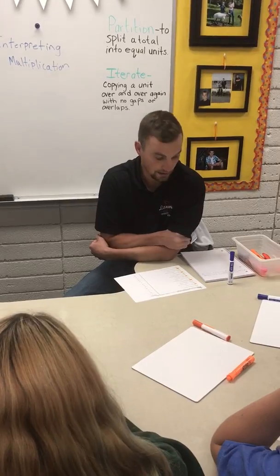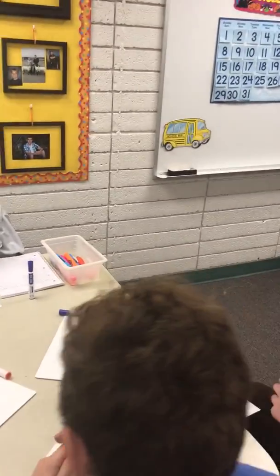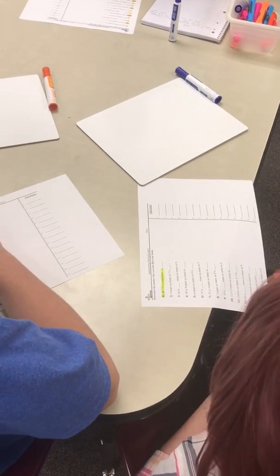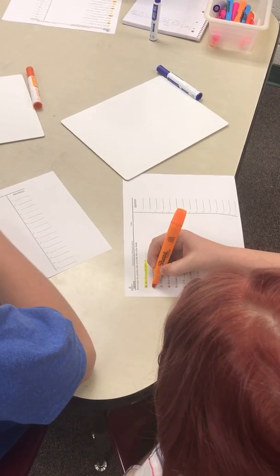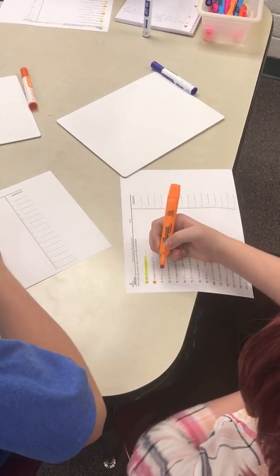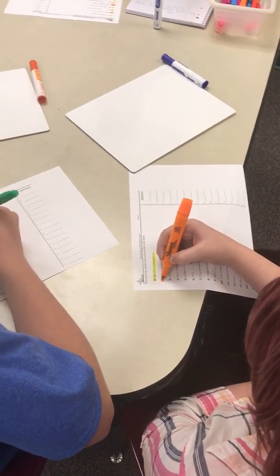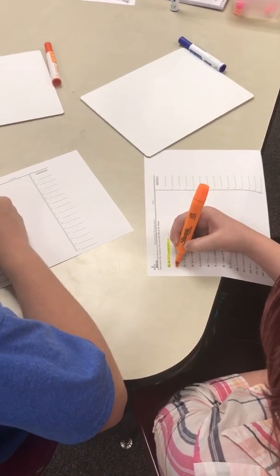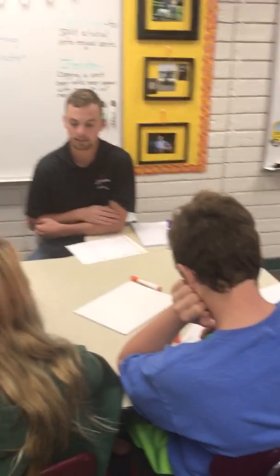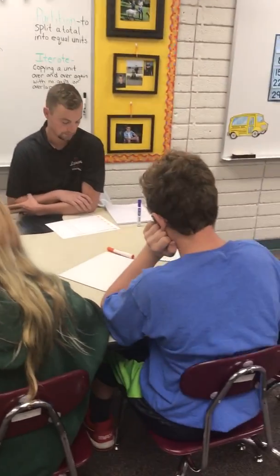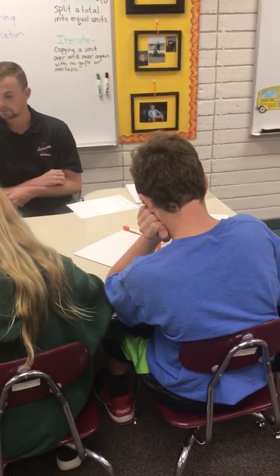So please highlight that in orange. Okay, problem 3. 24 is blank times as many as 8. What problem is that going to be? What is it going to take to solve that problem? Division. Please highlight that in green.